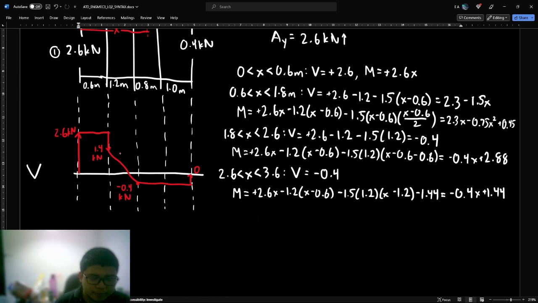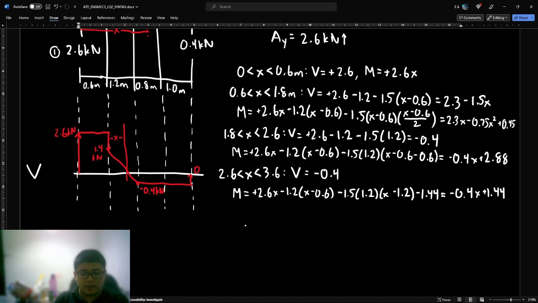As we could see here, there is a point where it intersected the x-axis. Let's call that point x, because we're going to look for the value of x. The value of x we could get using similar triangles.